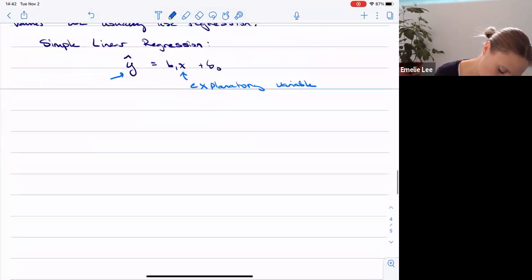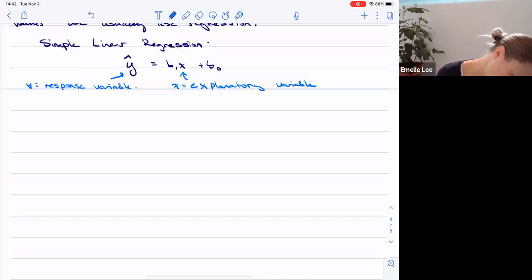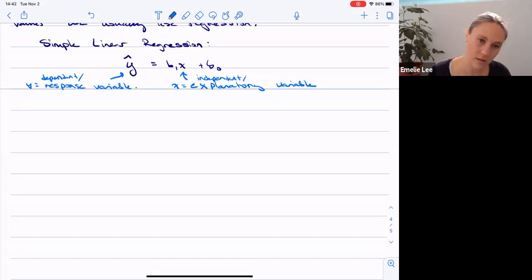Where y is the response variable. Or you might have used dependent and independent. I know Sean comes from a biology, biomath background, and they like independent, dependent, so I wouldn't be surprised if that's what he used in his notes.